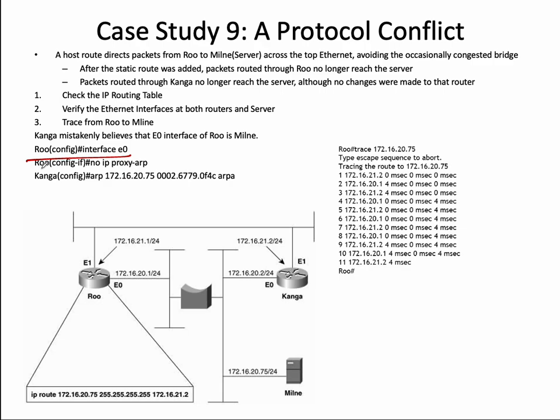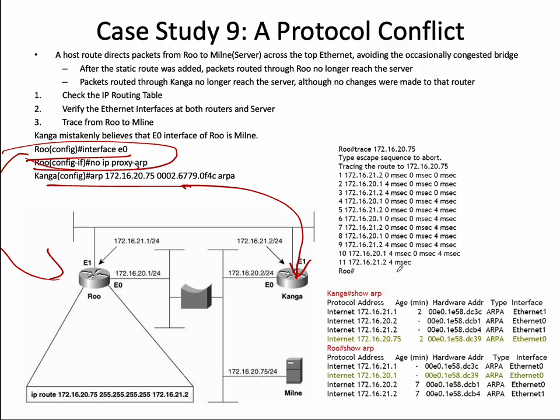You configure the interface here, and at Kanga you configure this command. And then you do show IP route, and you can see the IP tables, right? Now it says there's Ethernet 0, so it will forward it this way.